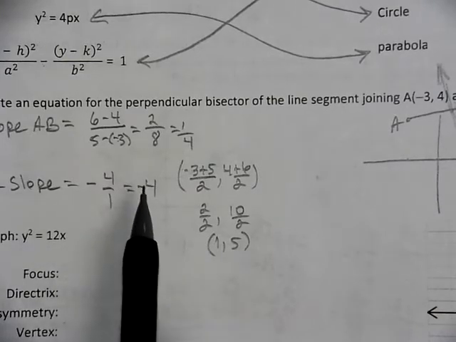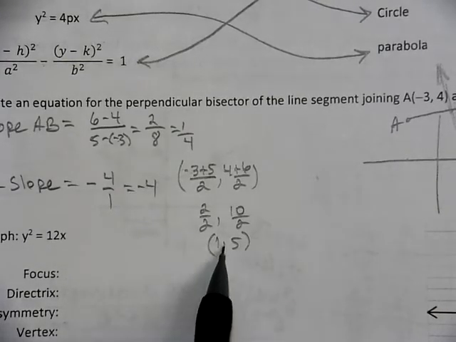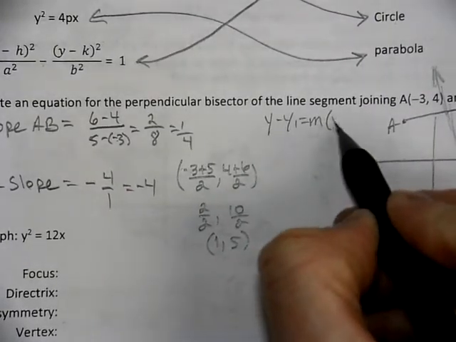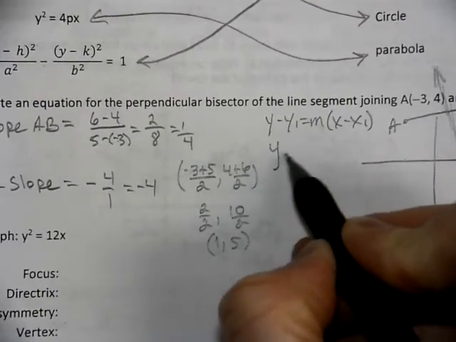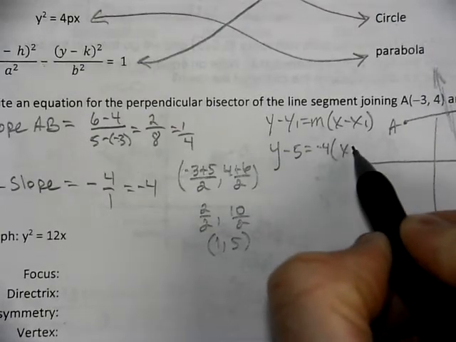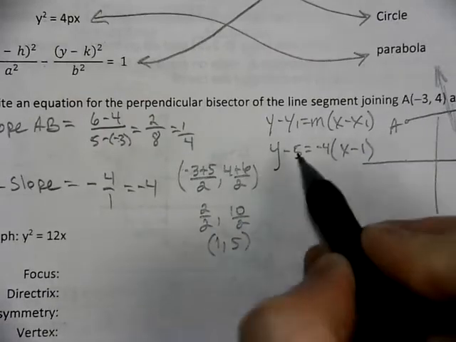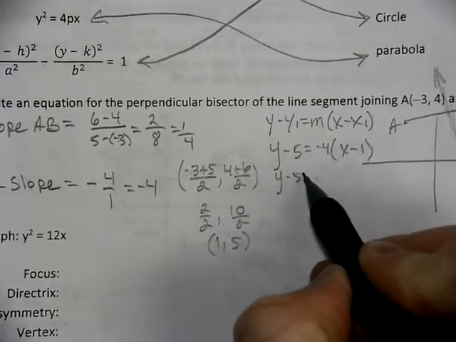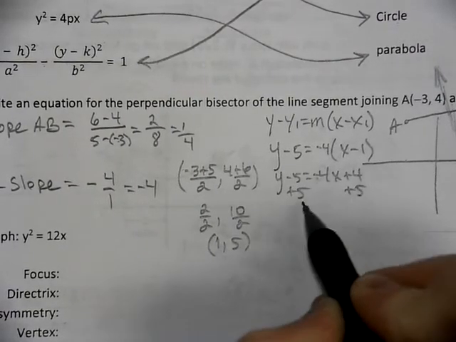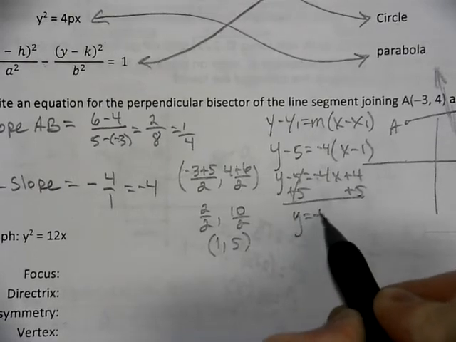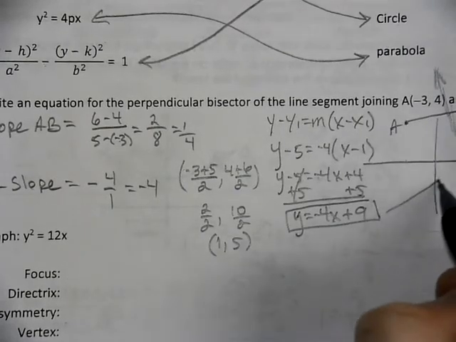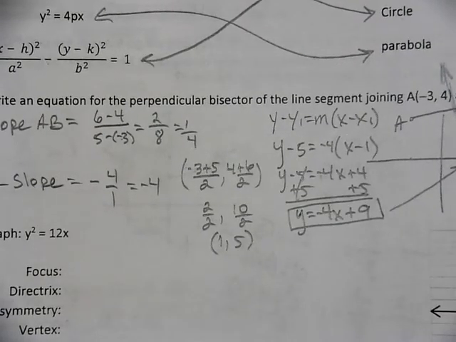We know the perpendicular slope, and we know a point that it goes through, so we can use y minus y1 equals m times x minus x1, plug in our point that we have, our slope, our x value. That's the equation of our perpendicular bisector.